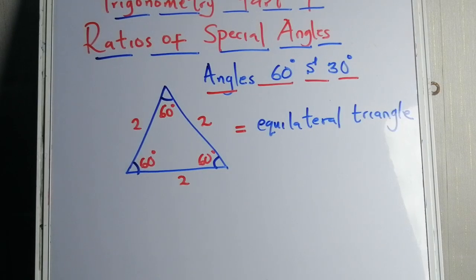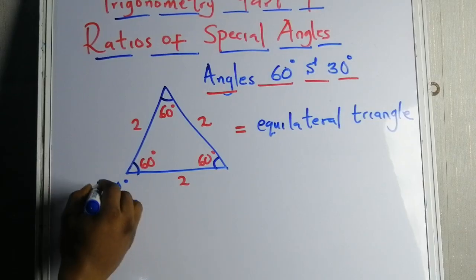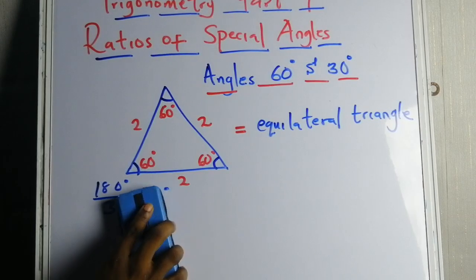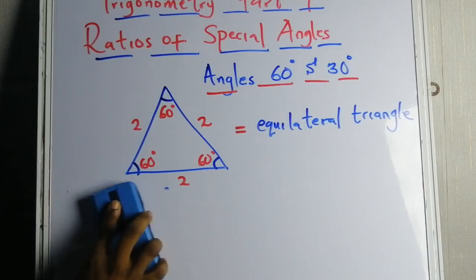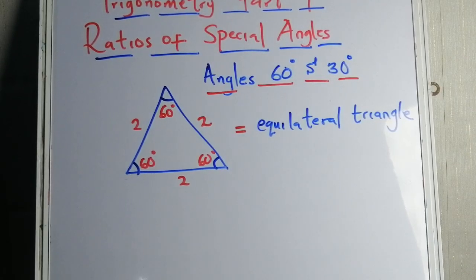The angles in an equilateral triangle are equal. The sum of angles in a triangle is 180, so 180 degrees divided by 3 is 60 degrees. Each angle in the triangle is equal to 60 degrees. So that's the condition for an equilateral triangle.